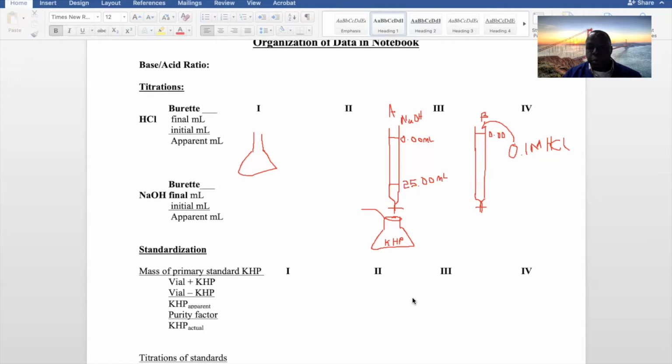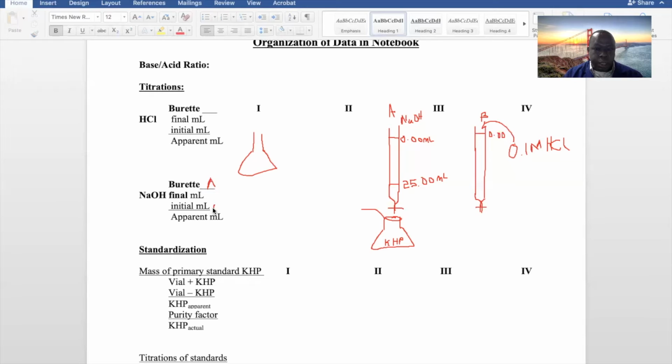But before you do that, you need to record the initial and the final. If I'm using buret A, I'll indicate A here.